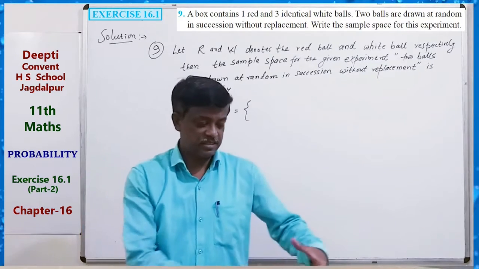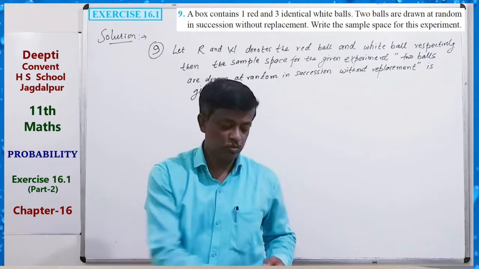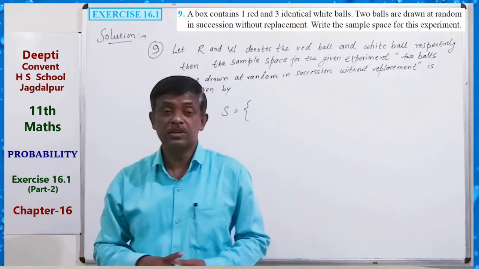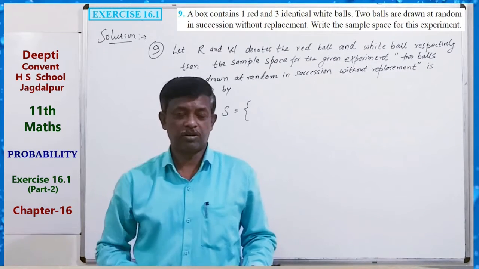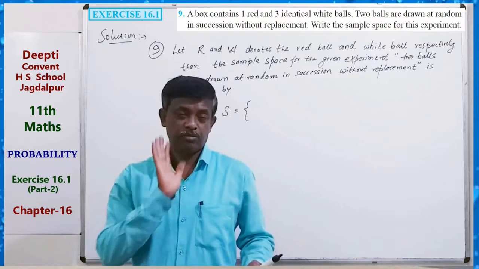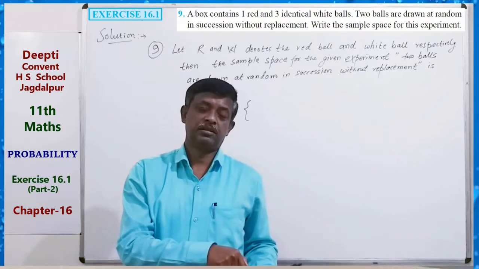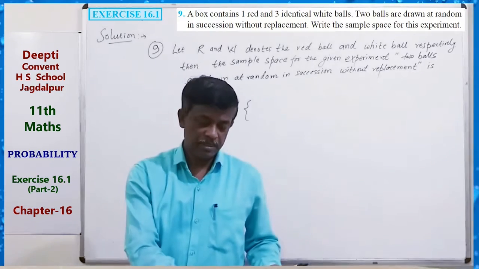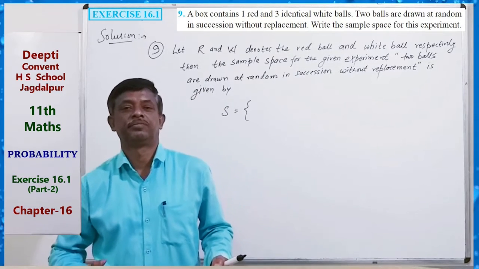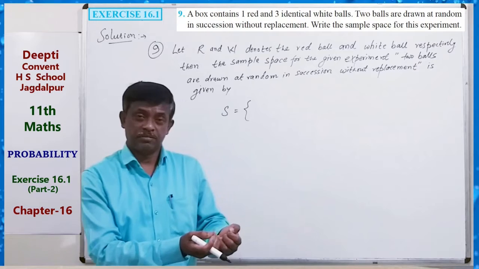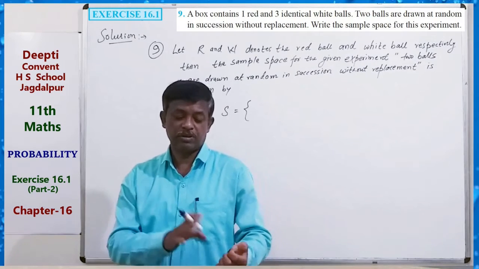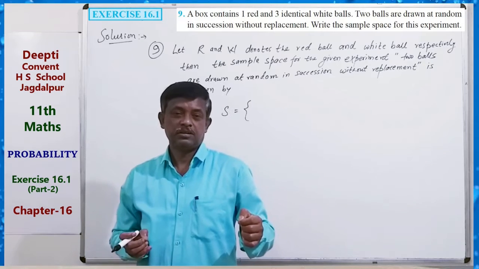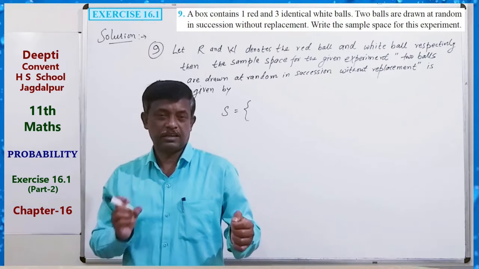Succession means the box contains balls and 2 balls are selected. So in succession without replacement means 1 ball is drawn, and then another ball is drawn. We have not put the first ball back in the box, and again select another ball. So selecting balls in succession 1 by 1 without replacement. We are not putting the ball back after the first selection.